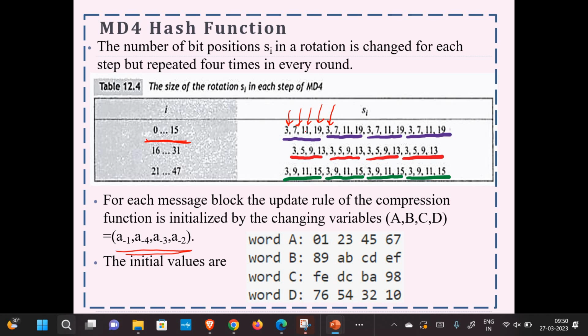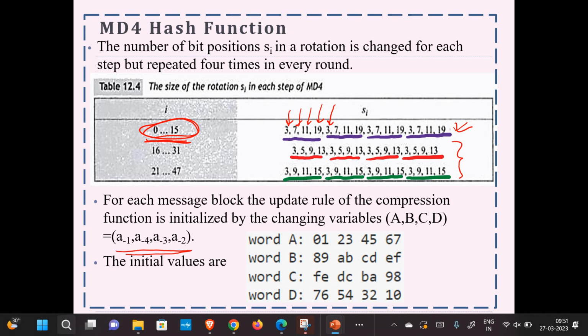So up to 15, you can see total 16 odd states we have. So 0 to 3, a certain amount of shifting. 4 to 7, that will be another set of shifting. Then 8 to 11, another set of shifting. 12 to 15, another set of shifting. So this is what we are looking at. You can see for all the cases, it is repeating.